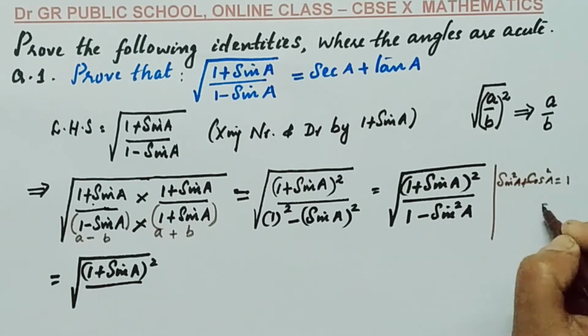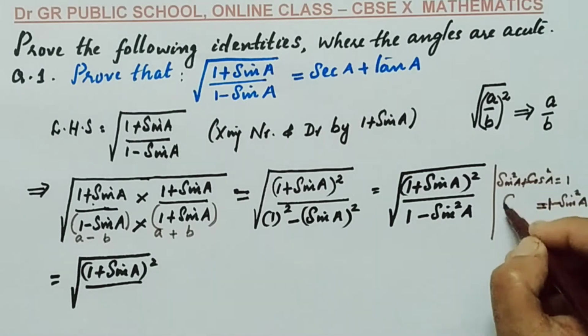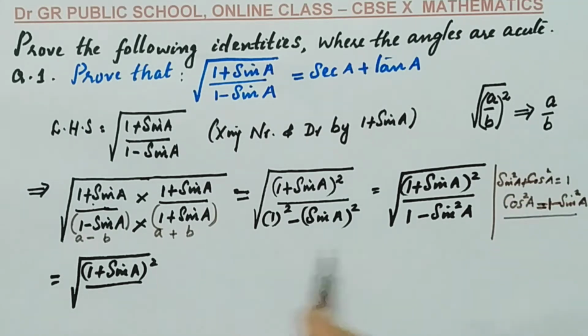Therefore 1 minus sin square A is cos square A. I am going to replace 1 minus sin square A with cos square A.